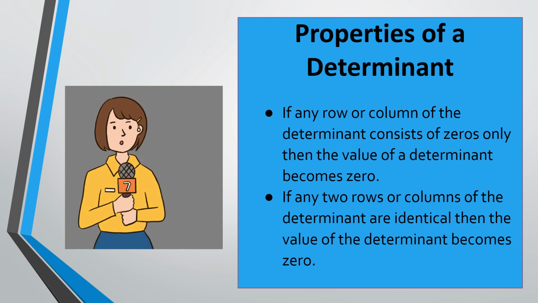The value of the determinant remains unchanged if to each element of any particular row or column, the equimultiples of the corresponding elements of one or more rows or columns are added or subtracted.